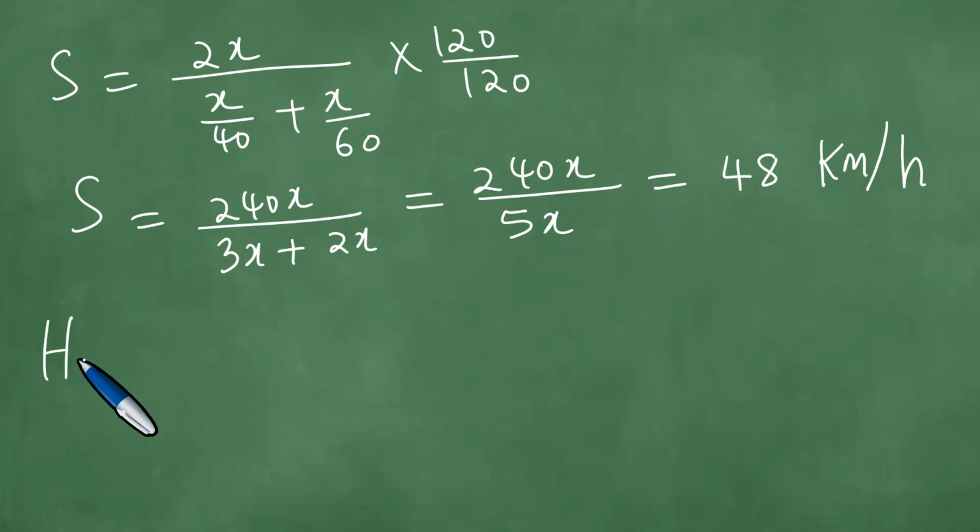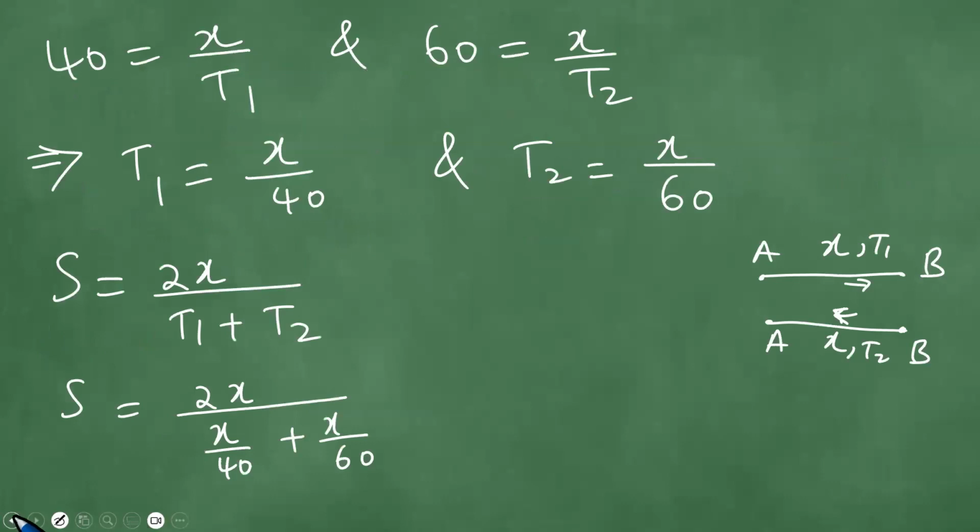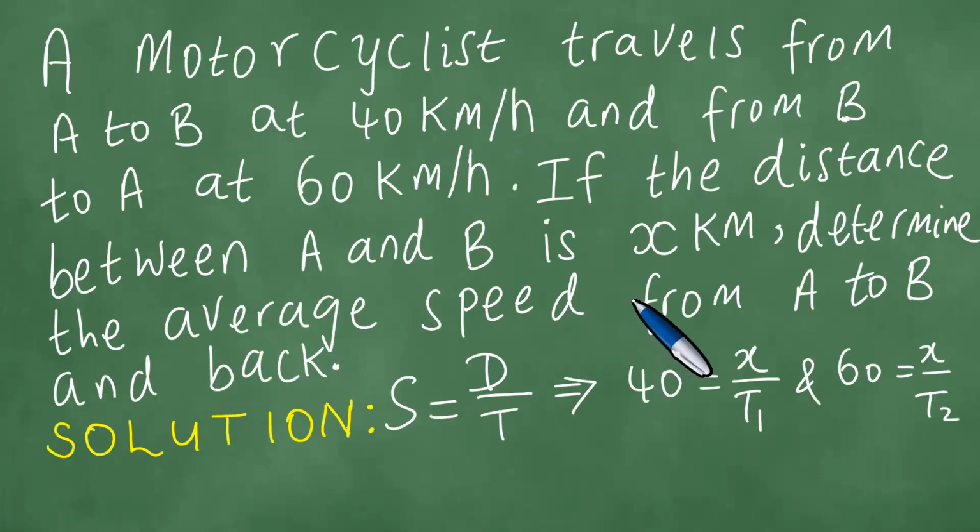Hence, the average. Right, according to the question, because we have to find the average speed from A to B and back.